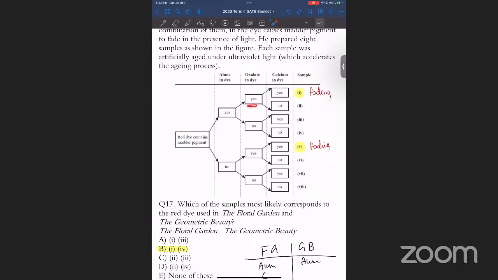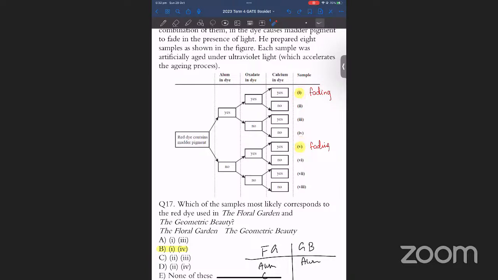Sample I also has oxalate. Samples II, I, V, and VI, all four of these had oxalate, but only two of them faded.